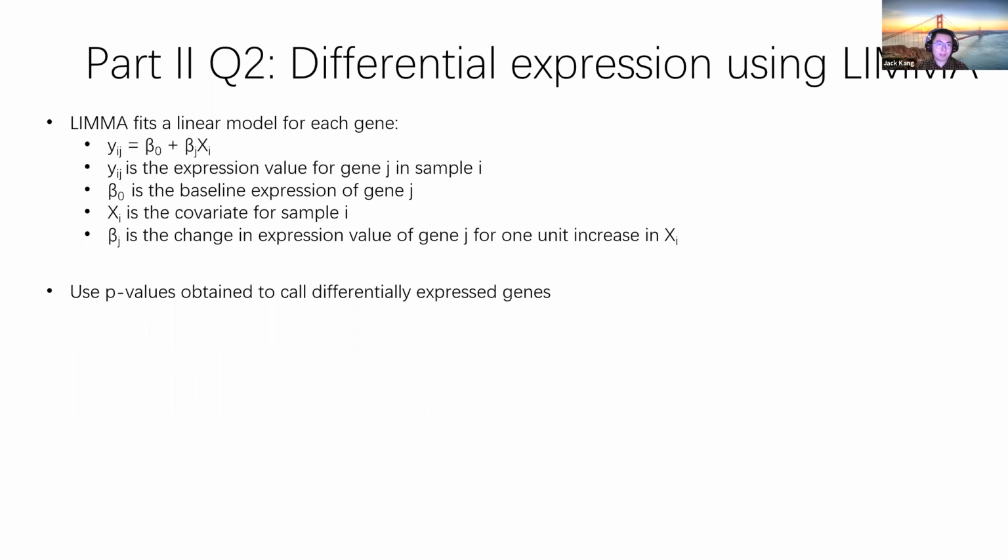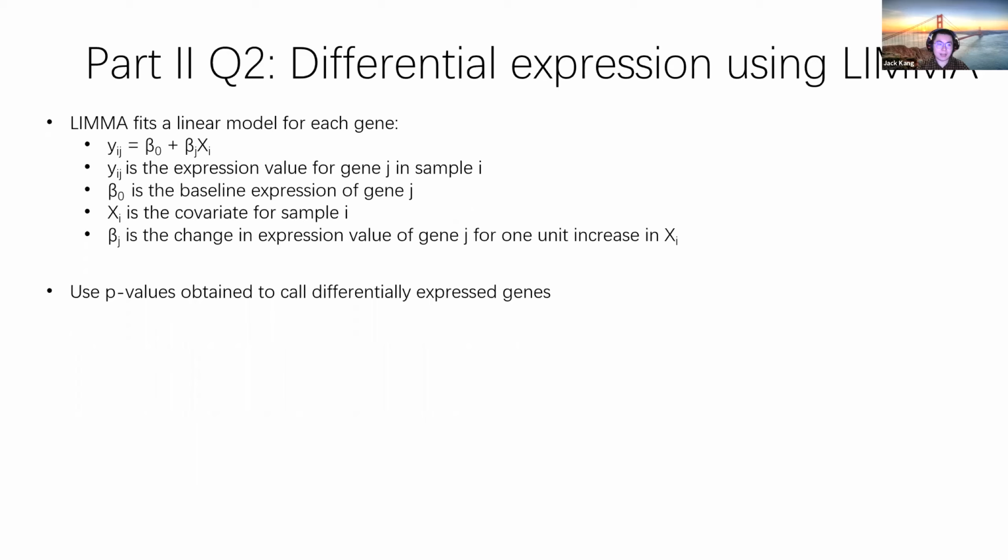And beta J is the difference of expression in this gene comparing tumor to the normal samples. As you can see, beta J will be the magnitude of expression change comparing two conditions, while the significance of this coefficient will be the significance for differential gene expression.